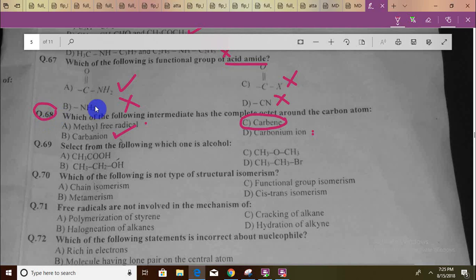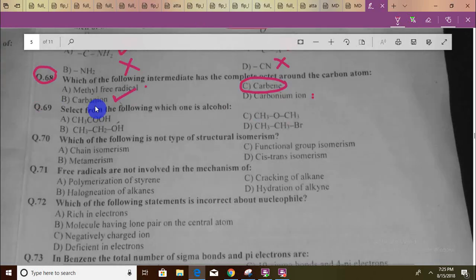Select from the following which one is an alcohol. This is obviously a carboxylic acid. This one is alcohol. This one is an ether. So obviously the answer is this one. Which of the following is not a type of structural isomerism? Chain is. Metamerism is. Functional group isomerism is. Cis trans is an example of stereoisomerism.